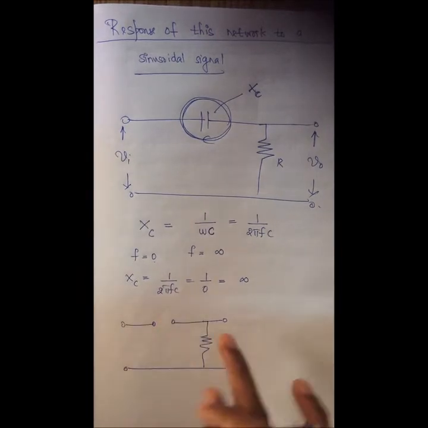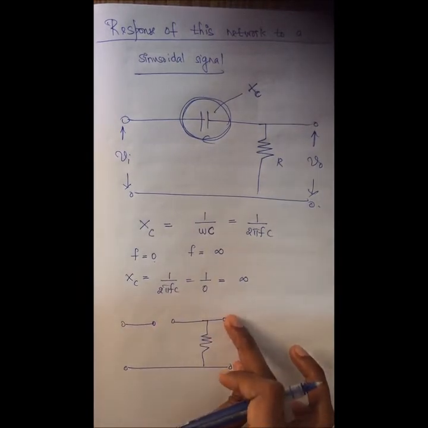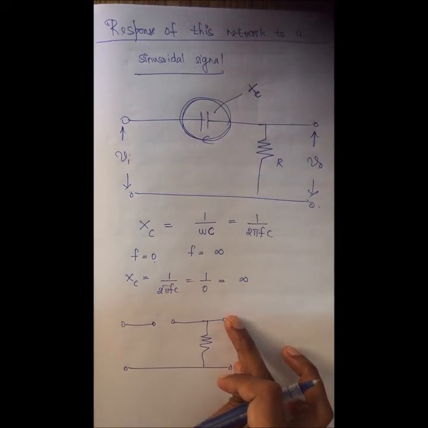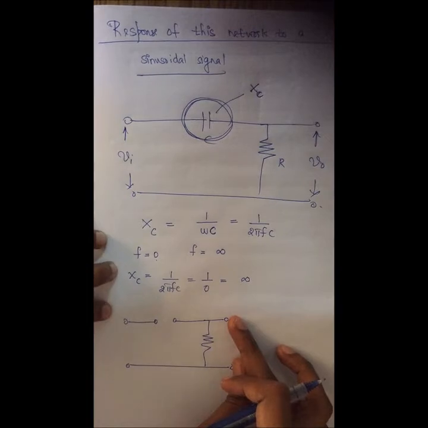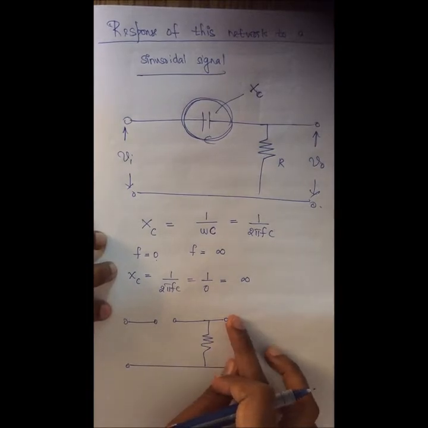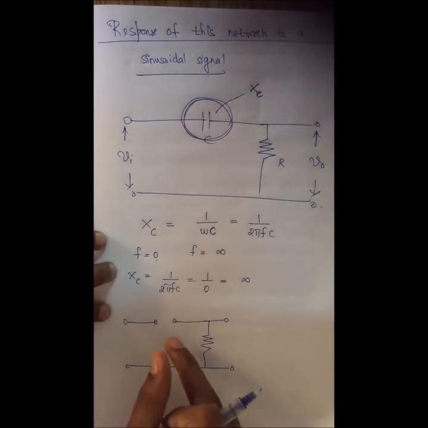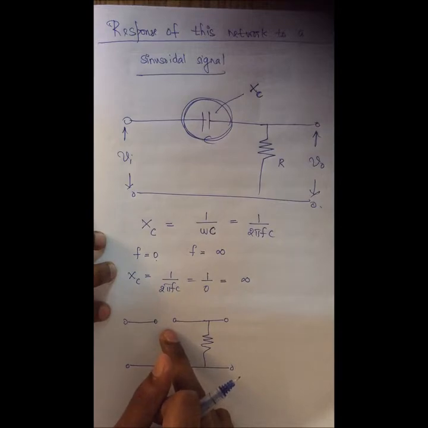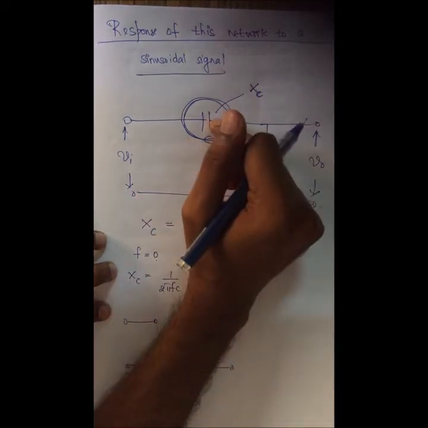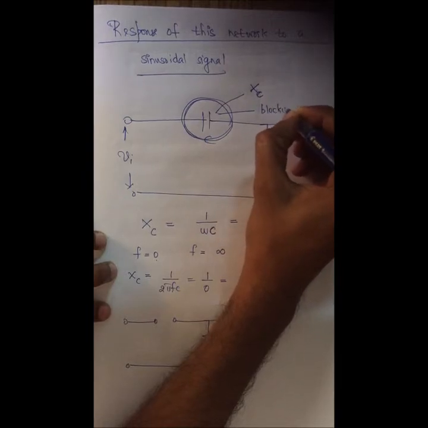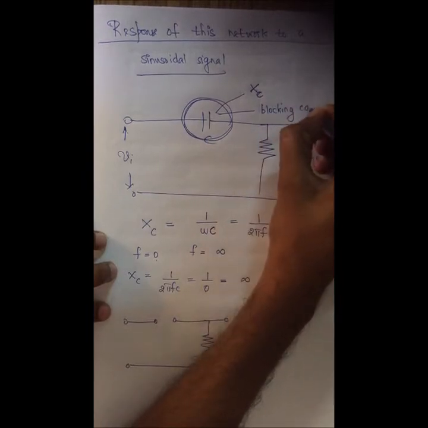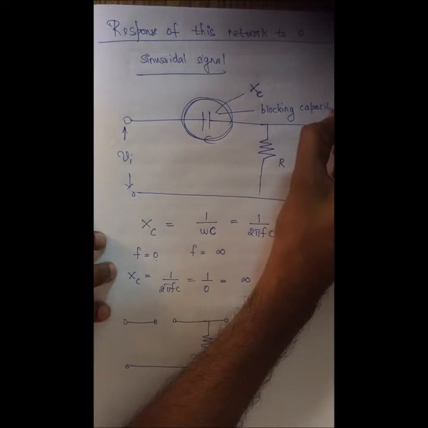Whatever you give here, you will not be able to receive anything at the output end. This is the reason why I call this capacitor a blocking capacitor.